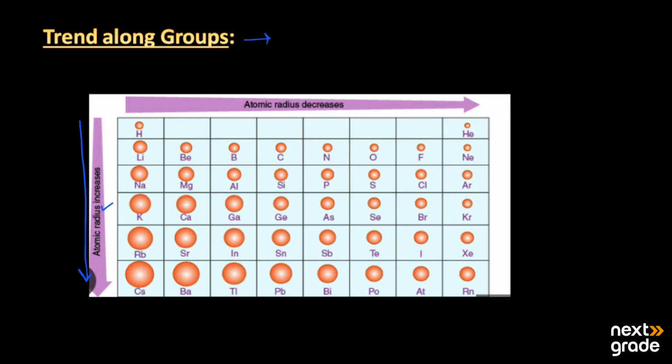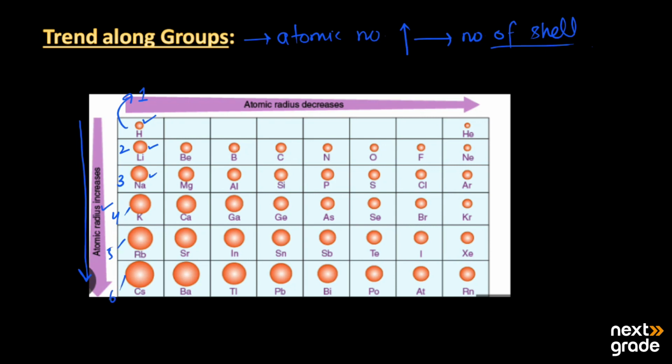The main reason is that the atomic number increases, which means the number of shells also increases. For example, hydrogen has atomic number 1, so it has just one shell. Lithium has atomic number 3 and has two shells. Then we have sodium with three shells, potassium with four, rubidium with five, and cesium with six shells.